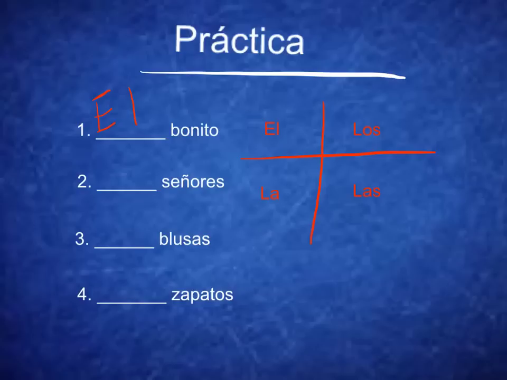Los señores, what we see is, señor is for a guy, right? And it has an S, so it's masculine, and it's plural, so it has to be los. Then we take a look at blusas. It's an A, it has an S at the end, so therefore it must be las. And finally we have an O and an S, so therefore it must be los.